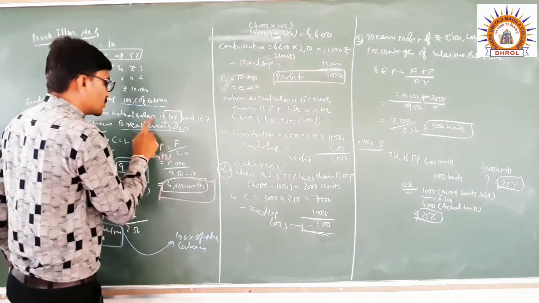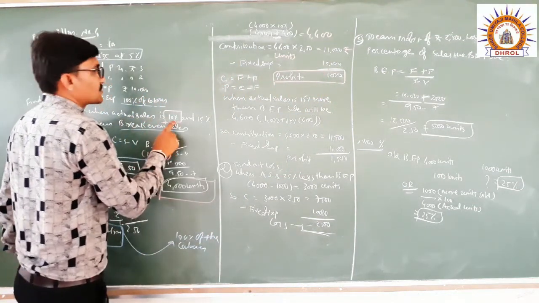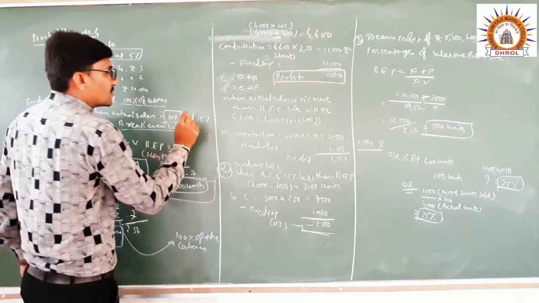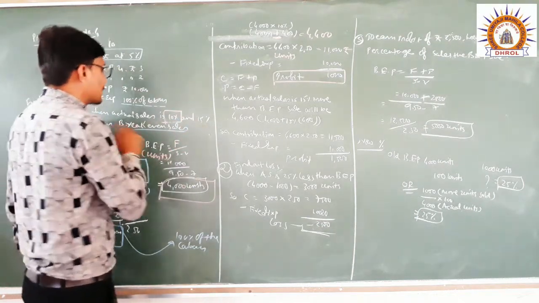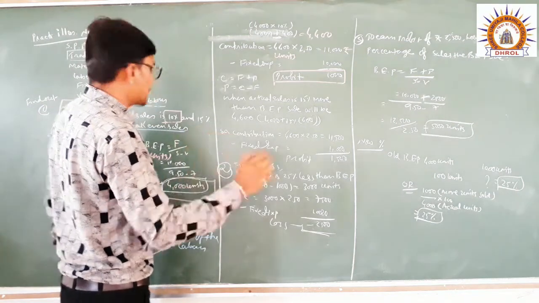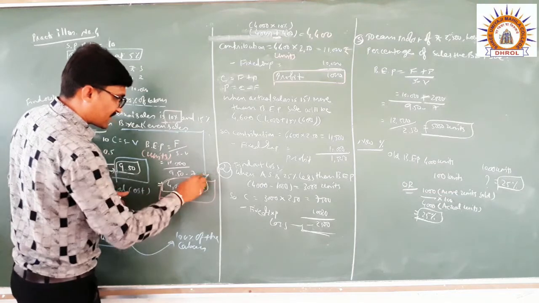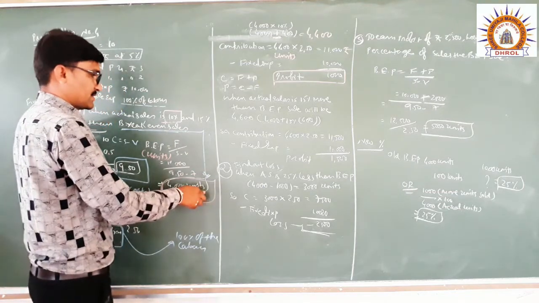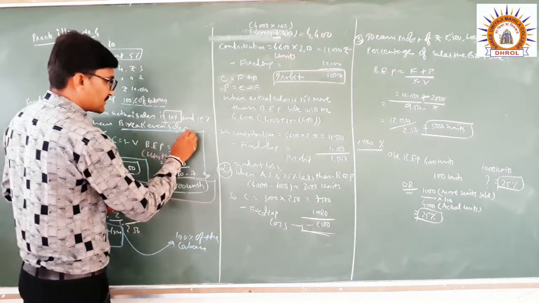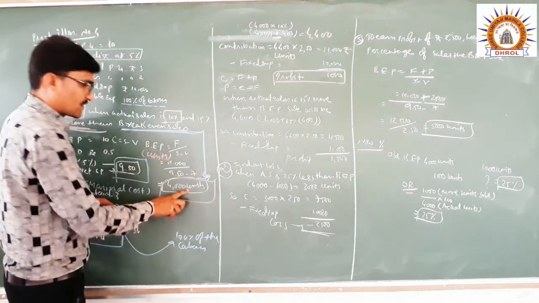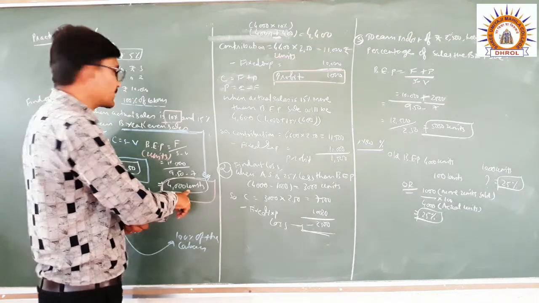This is the situation when the actual sales is 10% more. And now the actual sales is 15% more than the break-even sales. This break-even sales, again I repeat, is here 4,000 units, right?